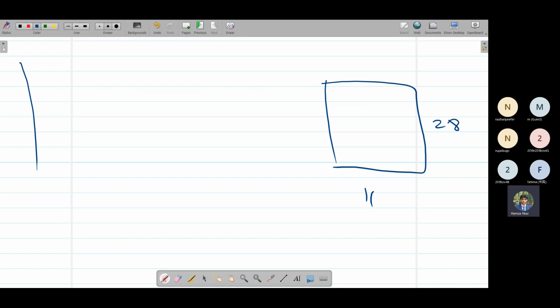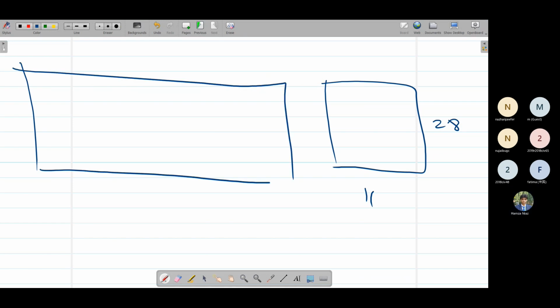This is its longitudinal section, and this was its cross section. For example, this is the center of gravity of concrete. So I can draw a parabolic tendon like this, a curve.